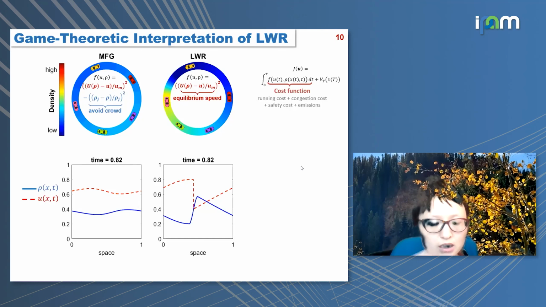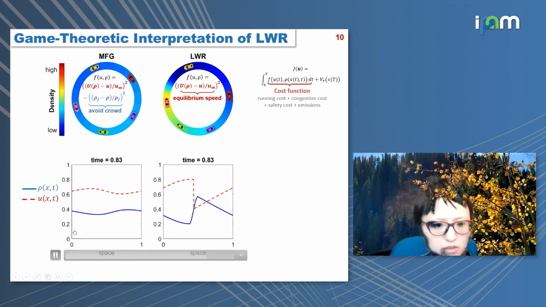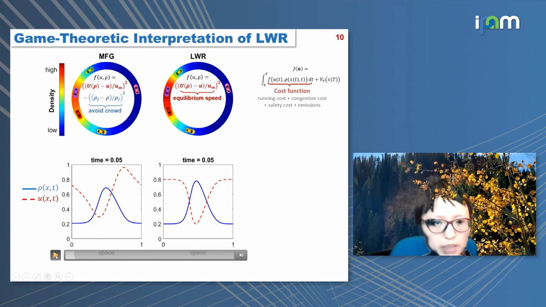Thanks. So here I want to demonstrate that the AVs controlled by mean field game can anticipate this jam, as Ben asked, because these cars can anticipate the jam before they enter it.